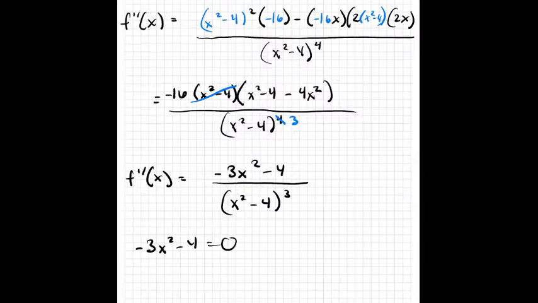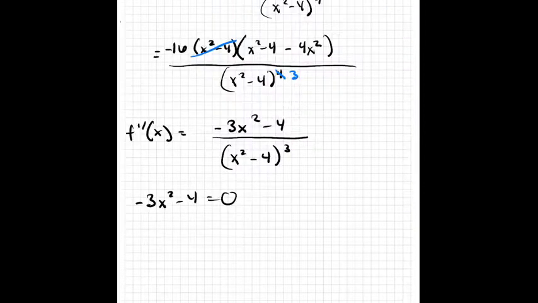I think we're going to get a non-real result, right? If we add 4 and divide by negative 3, x squared equals negative 4 over 3, right? You get an imaginary result. So we don't get a result there for the numerator. Let's check the denominator. So basically, we would set the denominator to 0. Let me see. I guess that would make it undefined.